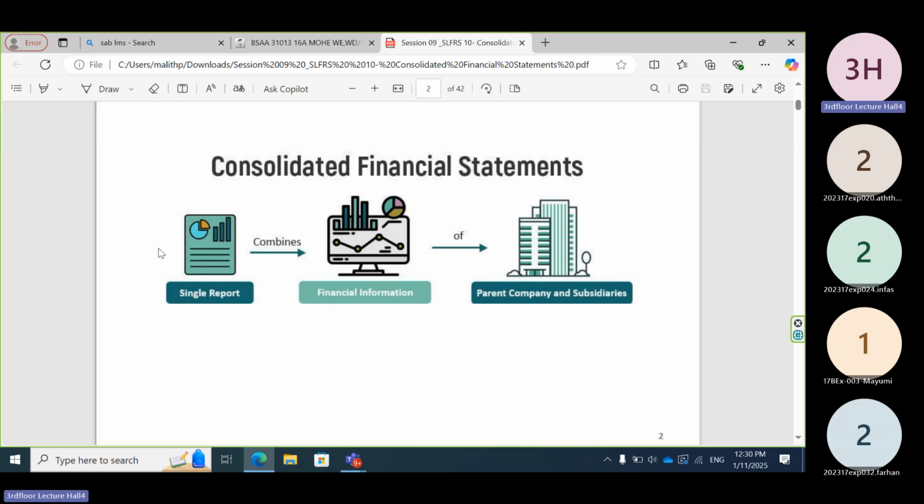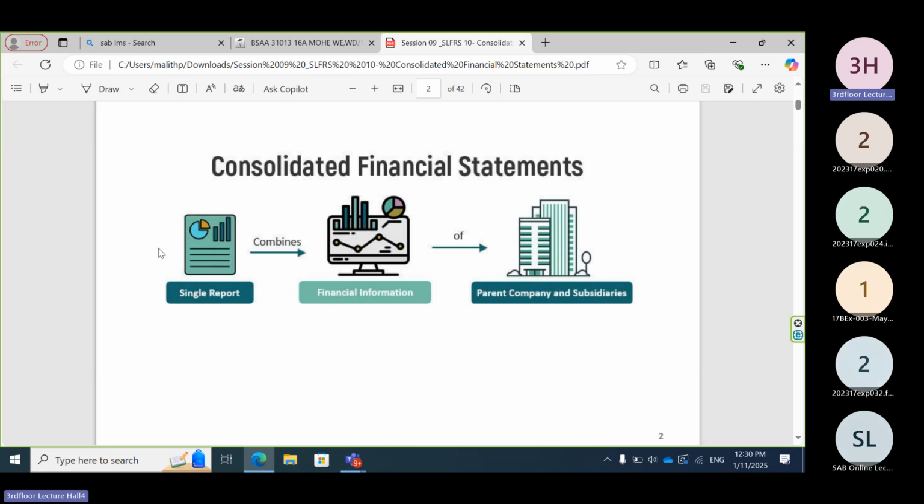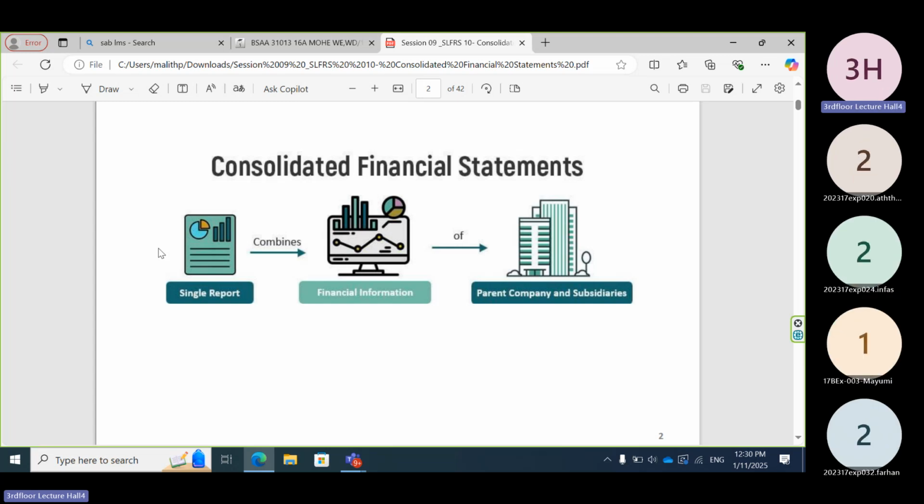That is the basic standard, SLFRS 10. SLFRS 3 can be used for business combination, right? Consolidation as a result of business combination. Once you are having a business combination, you may have a consolidation if it is a subsidiary acquisition. So that's a simple link between this standard and this.